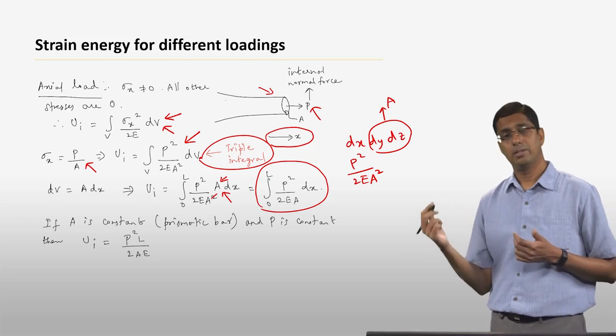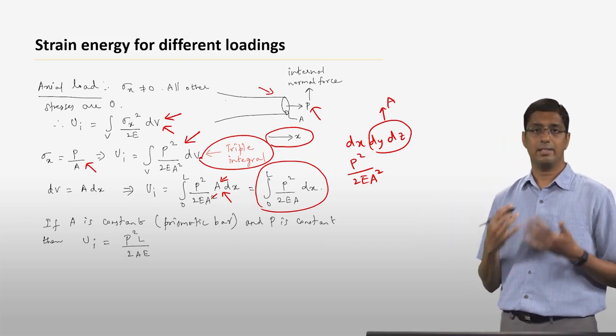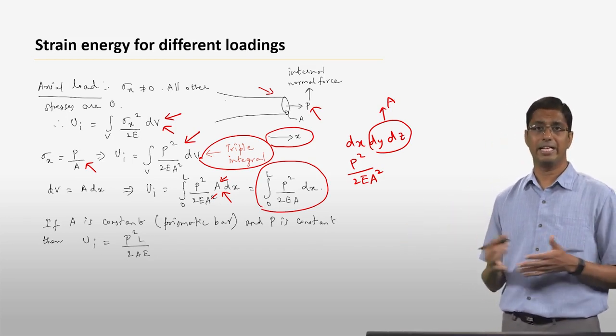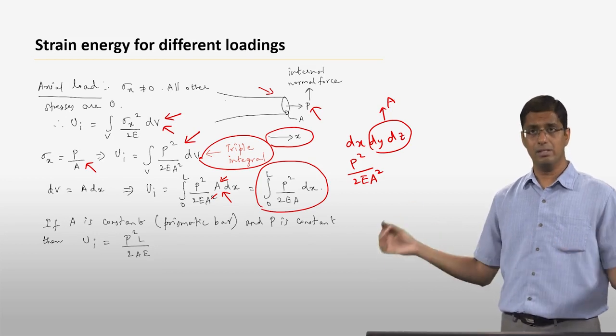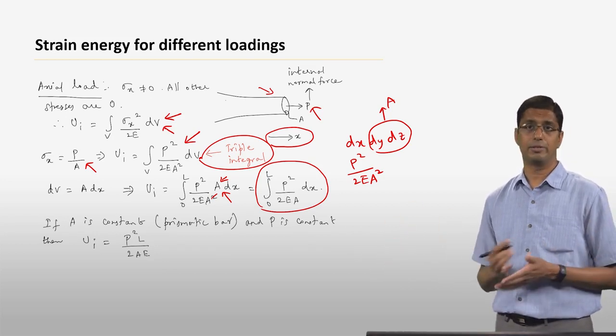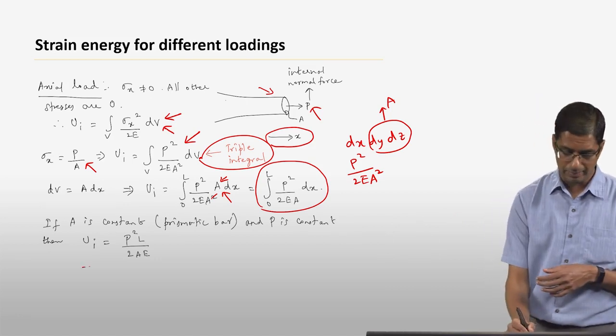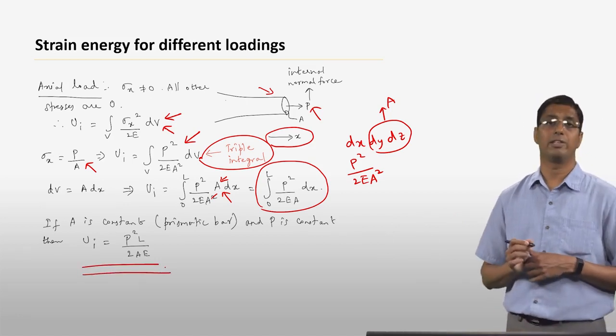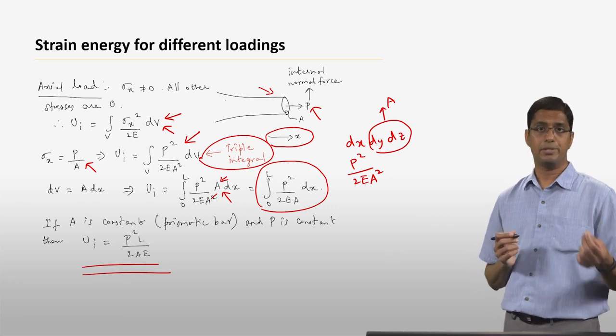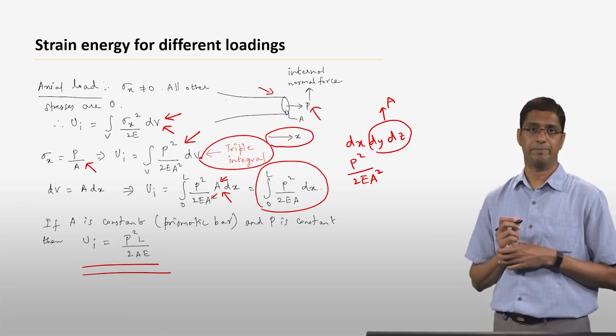Now, in a case where the cross-sectional area is also constant, it doesn't vary with x, and P is also constant, the internal force at any cross section is also not changing with respect to x, then you come up with a very, very simple formula for the strain energy, which is nothing but P squared L over 2AE.